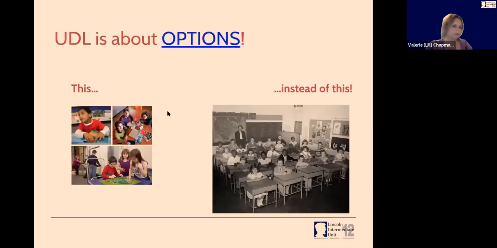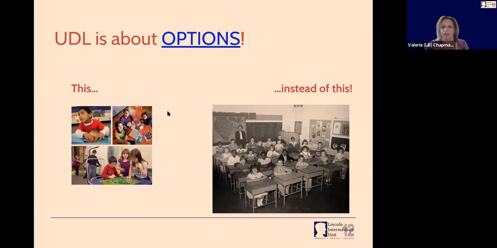UDL is about options. So look at the school on the left and the school on the right. On the left, there are different kids working in small groups, as when we're in face-to-face school, but the principles can apply to virtual learning also.